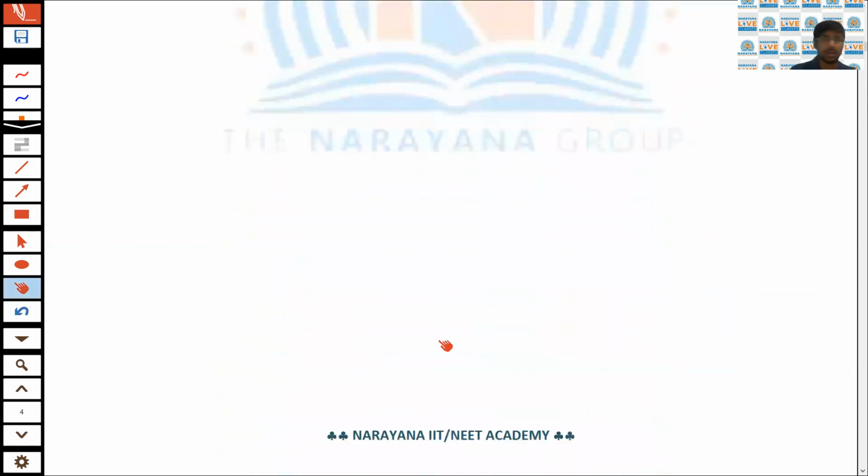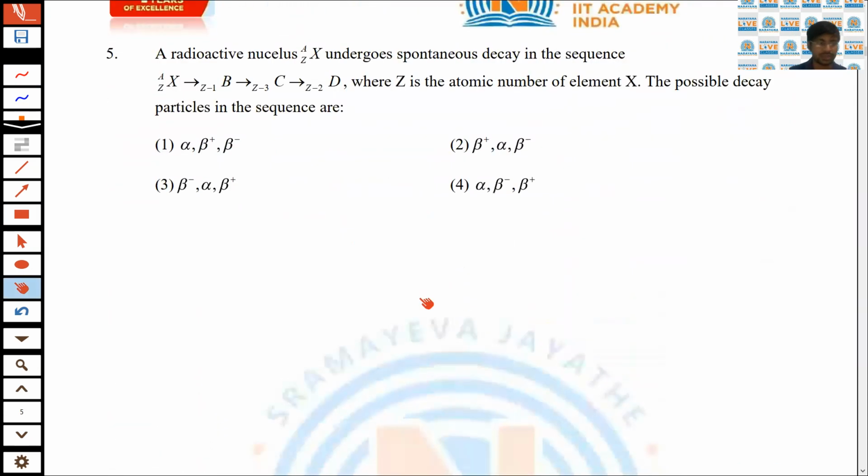All right, now let's come to the fifth question. It says a radioactive nuclei X with atomic number Z and mass number A undergoes spontaneous decay in the sequence X gives atomic number Z-1 B, gives Z-3 C, gives Z-2 D, where Z is the atomic number of the element.